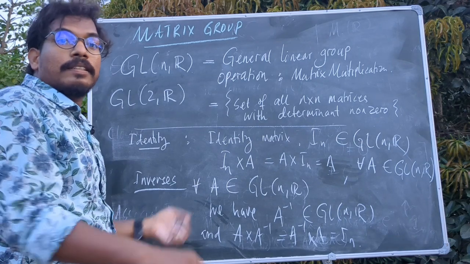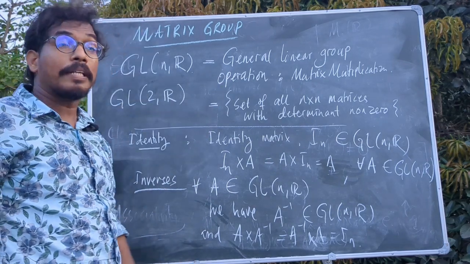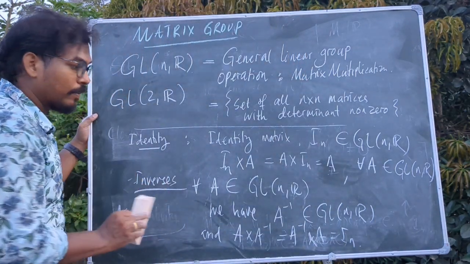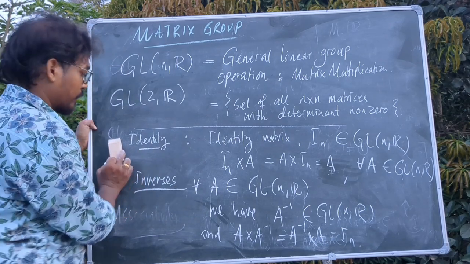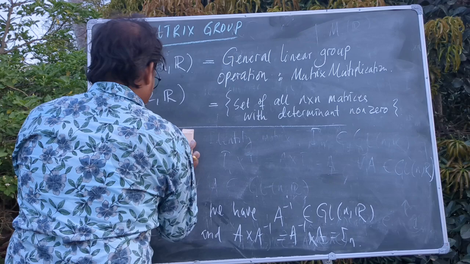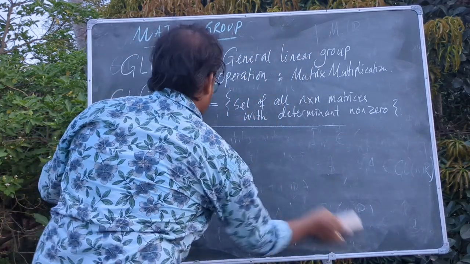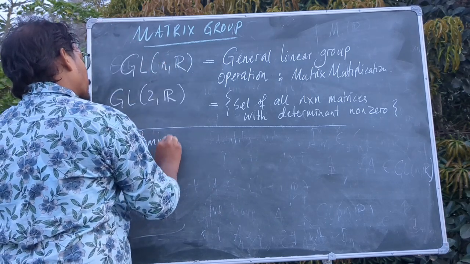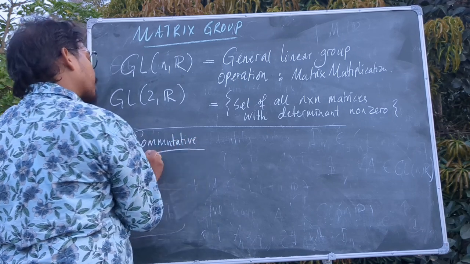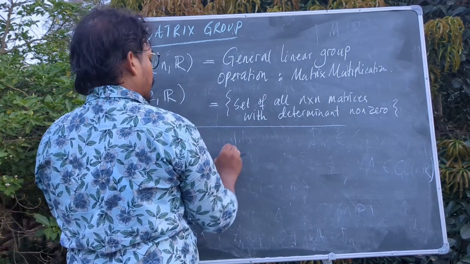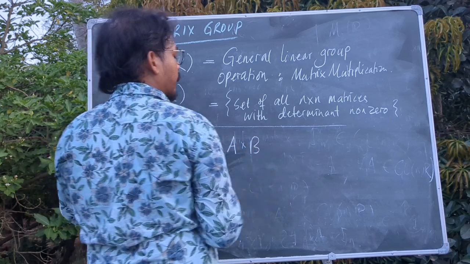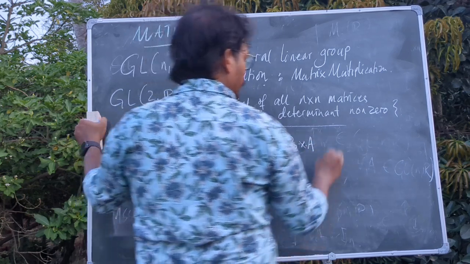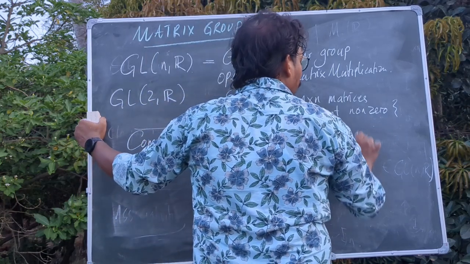Is it commutative? The answer is no. Matrix multiplication is not commutative. Let me erase these two lines. Pause the video to note. Commutative: A times B equals B times A is not always true.